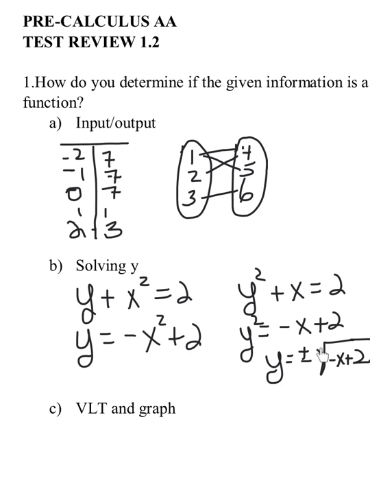So I'm not uniquely solving for y here because y can have two different values for that one value of x. So anytime you see something with a y squared, this is not a function. This one is.